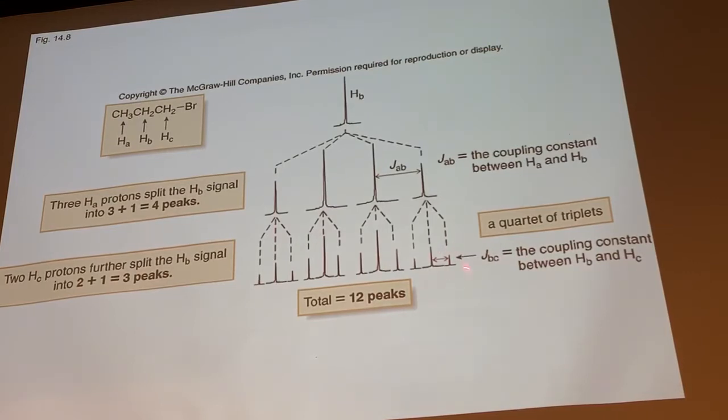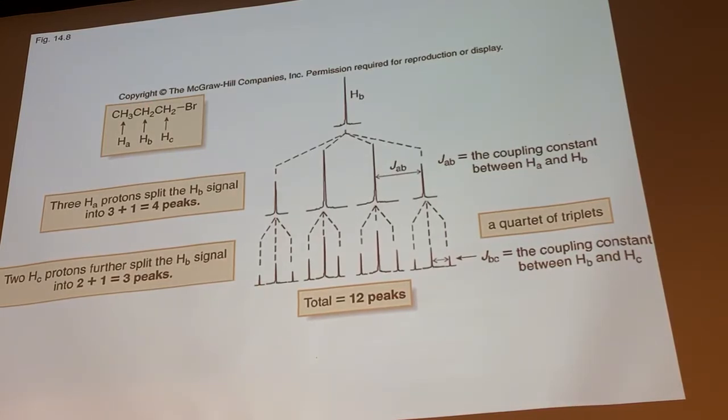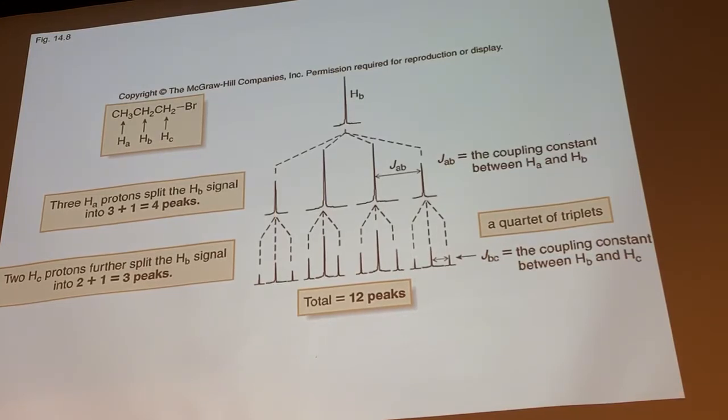The distance between the hydrogens in each of these 4 triplets is going to be the coupling constant between B and C. Okay? So we get a more complex pattern when we have non-equivalent neighbors and we have significant differences in the coupling constants between those different neighbors.